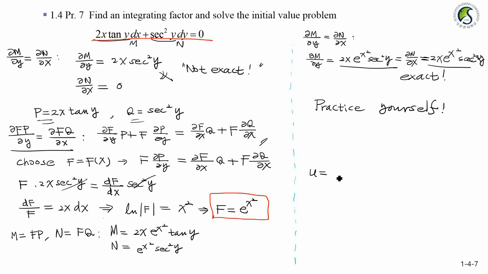So u, the final answer, will be e to the x squared tangent y equals C. Okay, that should be our final answer. And of course, if you have initial conditions, then you could determine C, but we're not going to do that here.